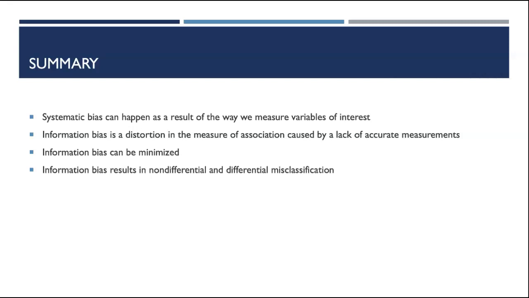Or is it possible that the study is just riddled with information bias and the results are not good? Information bias results in both non-differential and differential misclassification. Depending on which type of misclassification you have, non-differential is going to push your results closer to the null, while differential misclassification could push your results either way, and you don't always know which direction that is.